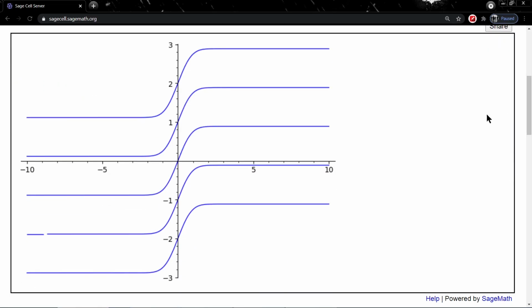We can see these are the 5 solutions for 5 initial value conditions. We can see for x value 0, for this plot y value is 0, for this plot for x 0 y is 1, for this plot x 0 y is 2, for this x equal to 0 y equal to minus 1, and for this at x equal to 0 y is minus 2.